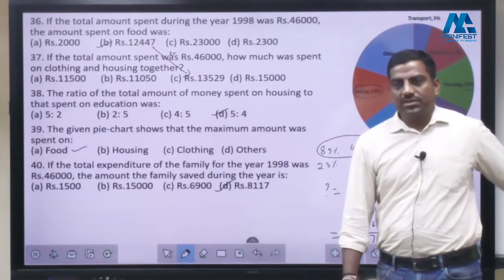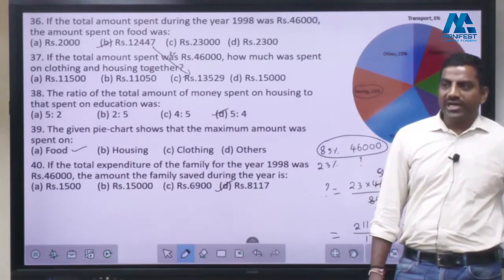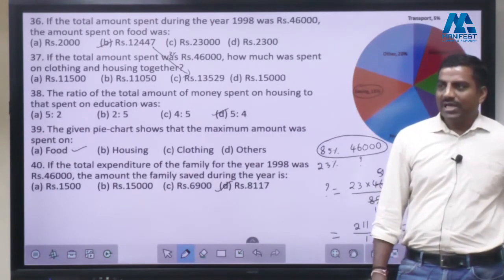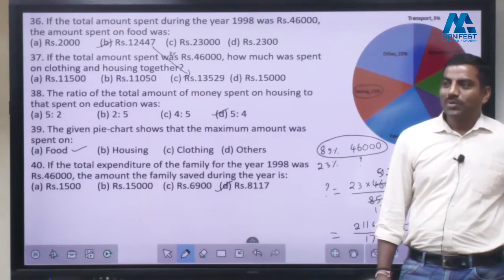Half of 85 is around 42 and a half. But 46 is more than 42 and a half. Similarly, half of 15 is 7.5. Answer should be more than 7.5.